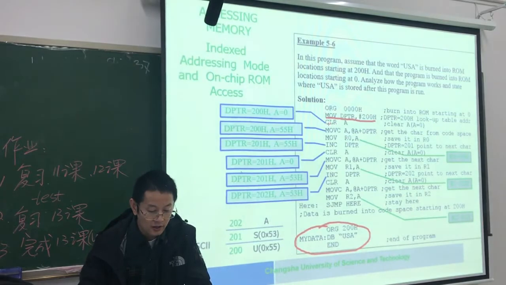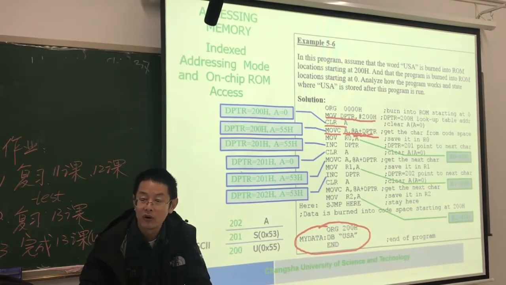So clear A, A is equal to 0. Then MOVC A, @A+DPTR. Because A is equal to 0, this is the first number of the table.